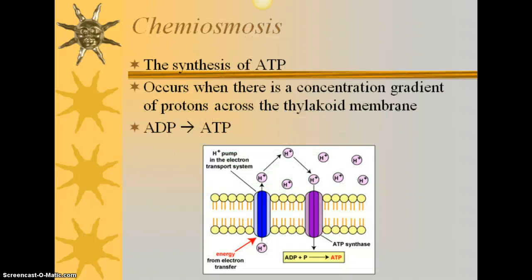And the last thing we're going to fill in is chemiosmosis. And chemiosmosis is the synthesis or making of ATP. This is our energy molecule. And so what happens here, there's a concentration gradient. So there's a difference of concentration across the thylakoid membrane. This should be a reminder from chapter 5.